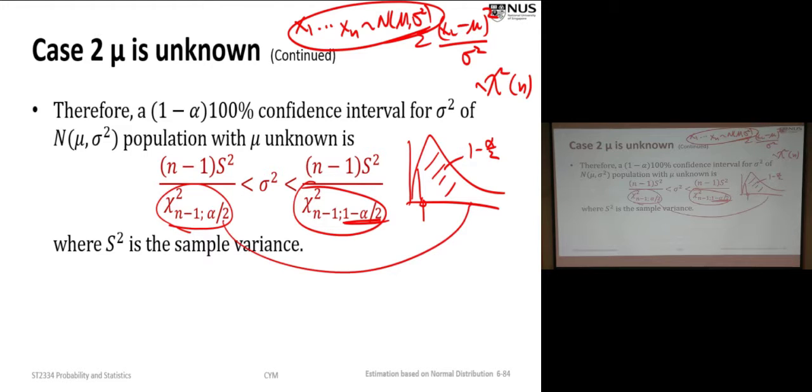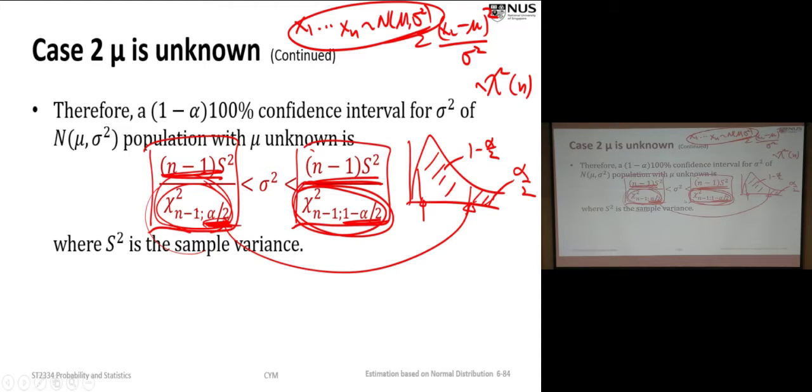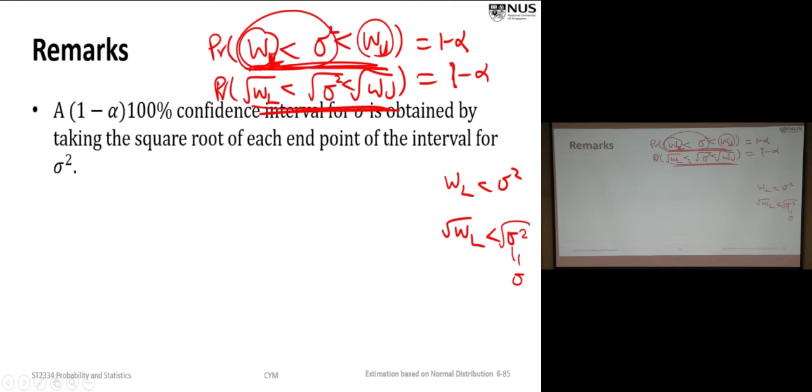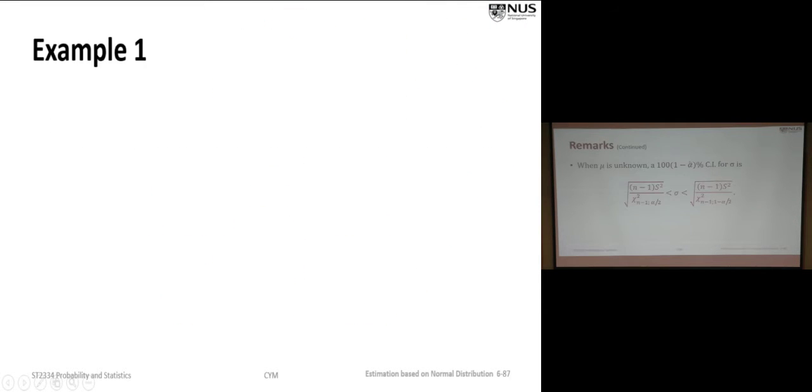This means a point here such that the probability of being bigger than this point is alpha over 2. You can check easily: you divide by a bigger number, so this number is smaller because the numerators are the same, and this one is divided by a smaller number, so it is supposed to be big. Just double check to make sure that you get the right quantity.